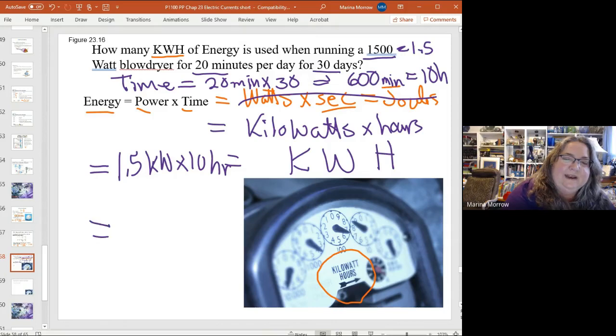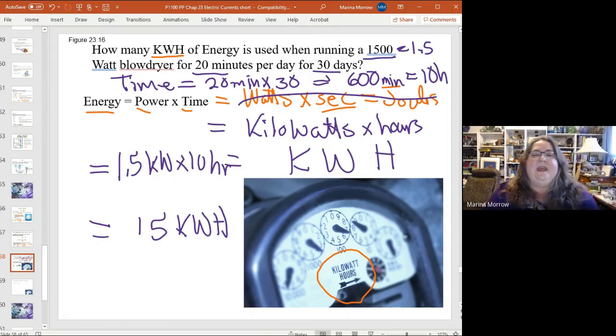And so you would end up with 15 kilowatt hours. So if you were only paying 10 cents per kilowatt hour, then this wouldn't cost you very much at all, right? At 10 cents per kilowatt hour, you would be looking at $1.50 there for all your blow drying. Maybe electricity is too cheap in this country. Anyway, so that is how this works.